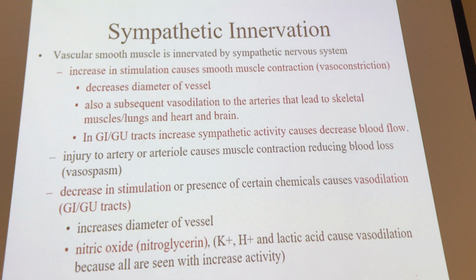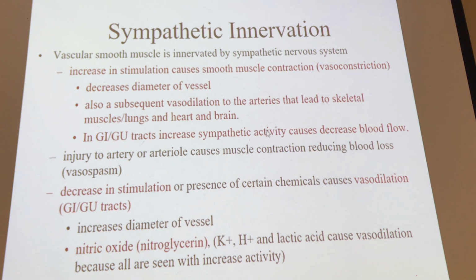Again, think about what happens when you work out. Where do you want blood flow? You want it to the muscles. So what we're going to do is, in some areas, we're going to vasodilate. The arteries that lead to the skeletal muscles, to the heart, to the brain, those dilate in response to sympathetic output.